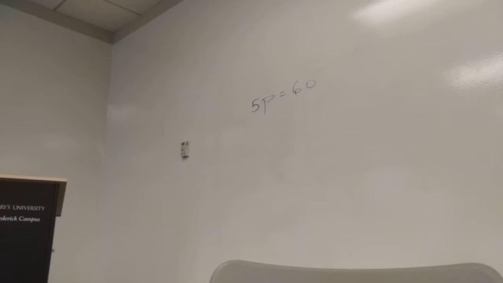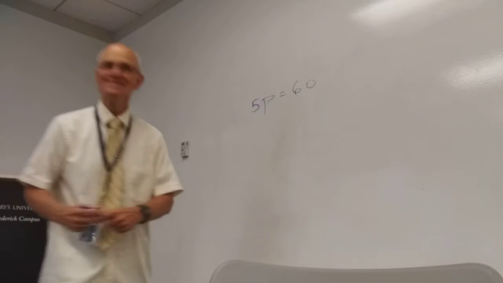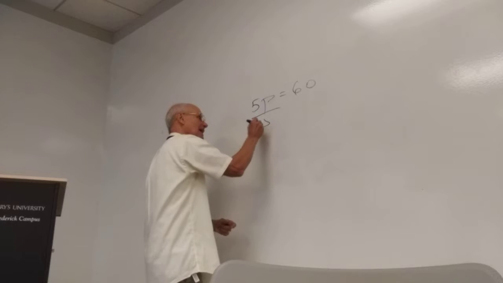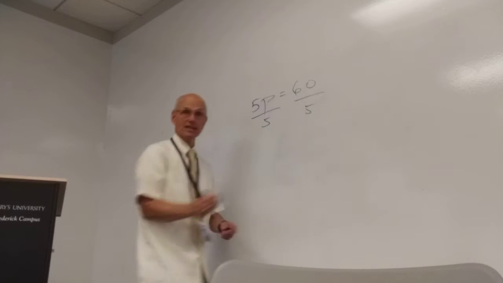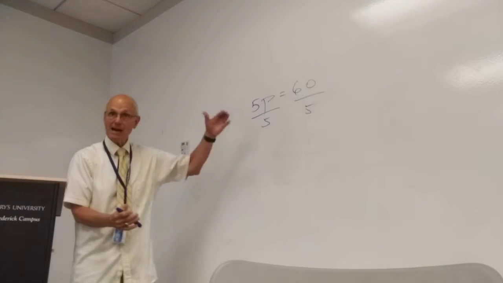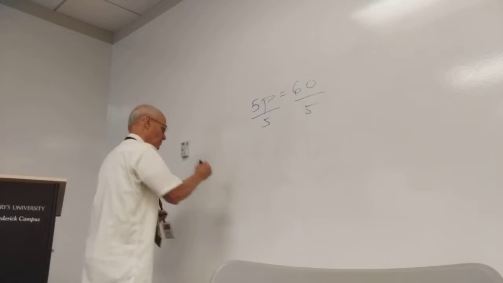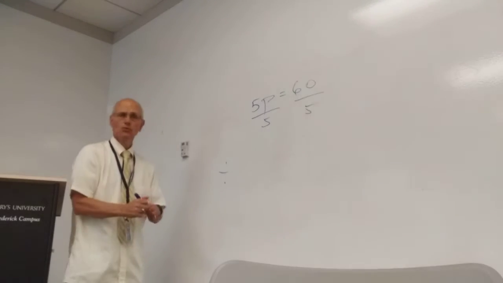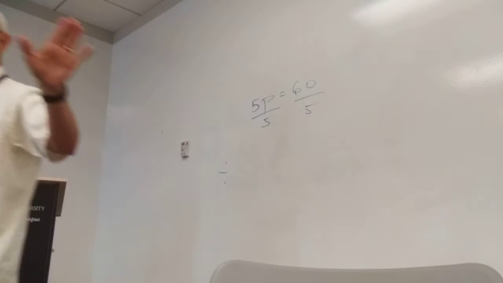Say it out loud. Divide by 5, on both sides. Say it again. Okay. I know you've got a bigger voice than that. Yes. Okay, we're going to divide both sides, and that's how we show division. We don't write this symbol. We divide both sides by 5.